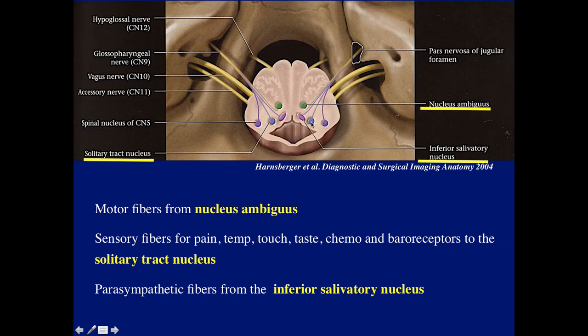Here on the axial plane, you can again see the position of the nucleus ambiguus, the inferior salivatory nucleus, and the solitary tract nucleus. Motor fibers come from the nucleus ambiguus. Sensory fibers for pain, temperature, touch, taste, chemo, and baroreceptors go to the solitary tract nucleus, and parasympathetic fibers come from the inferior salivatory nucleus.